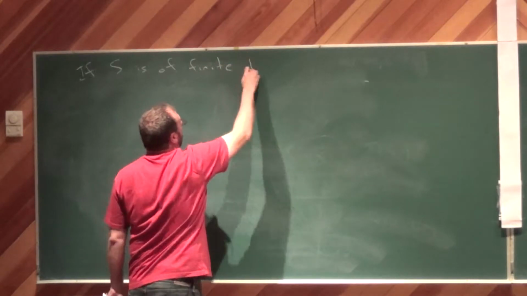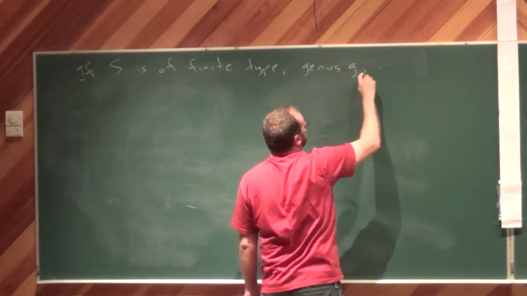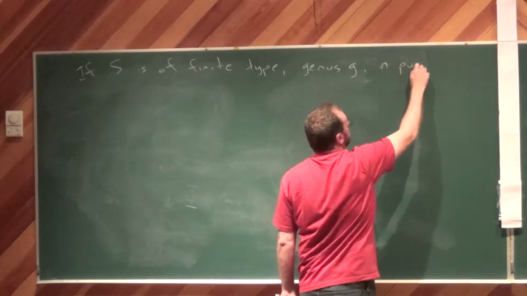So S is of finite type, so that means genus g and n punctures.